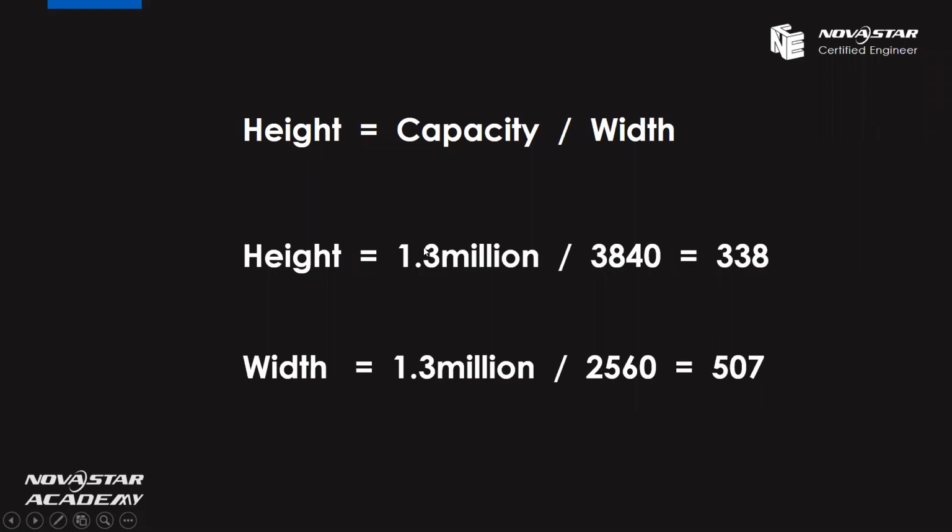So we use 1.3 million pixels divided by 2560. And then after calculating, we can get the width is 507. Okay, so I think this part is easy for you.